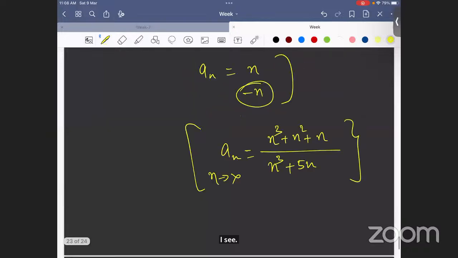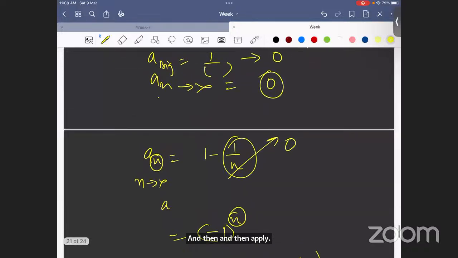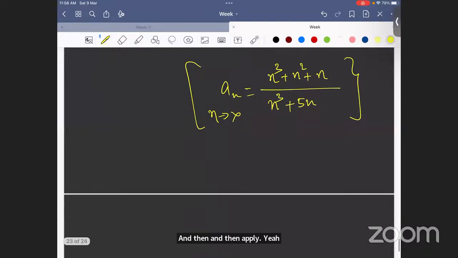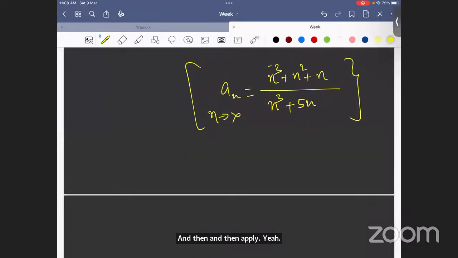So to see the limit of any sequence, you can individually apply the limit to each particular term.